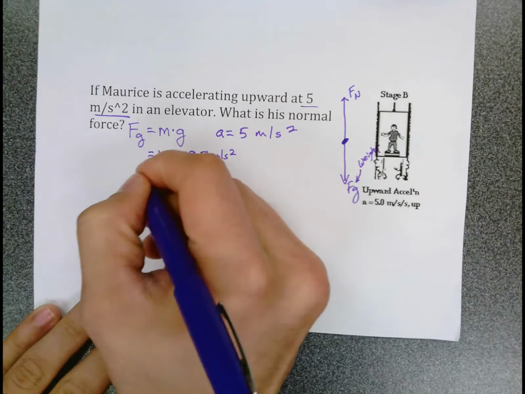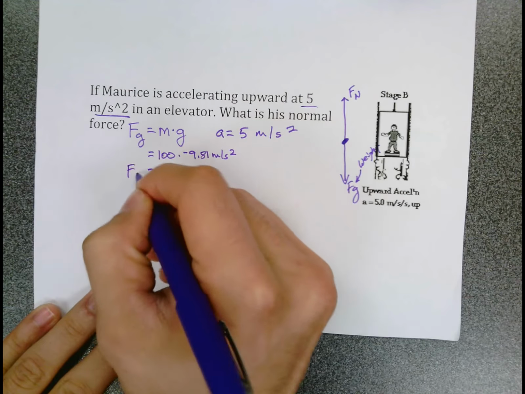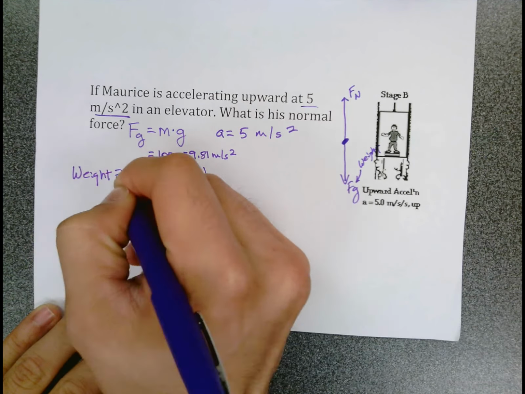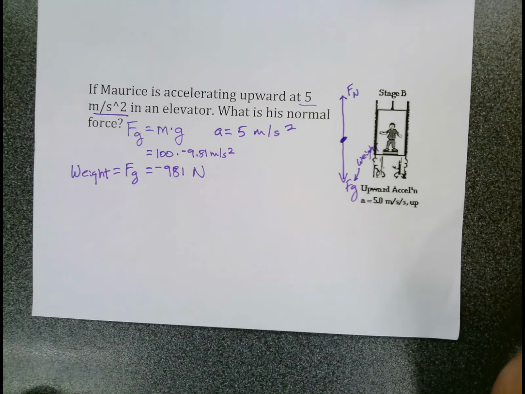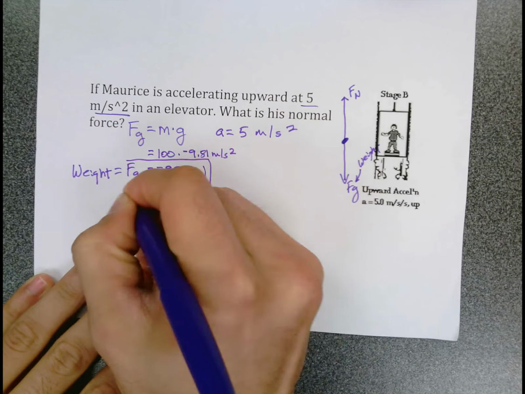This equals the downwards arrow in the free body diagram. It equals Fg. It is also the same thing as Maurice's weight at rest, or at a constant speed. This is one of the first things we figured out in the previous example.